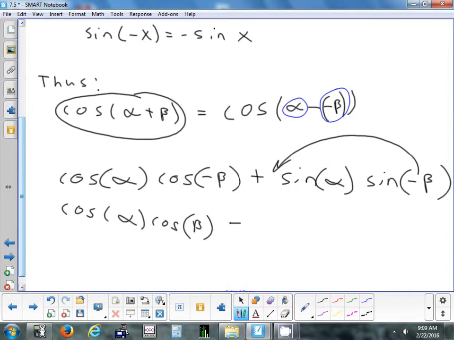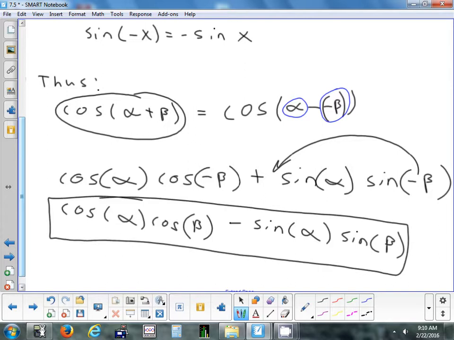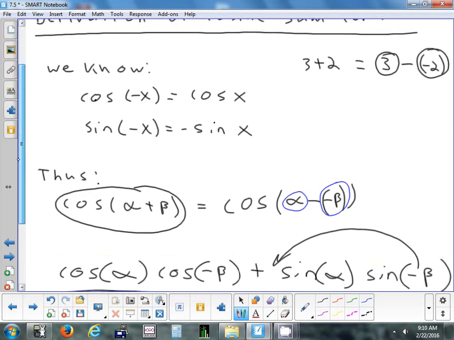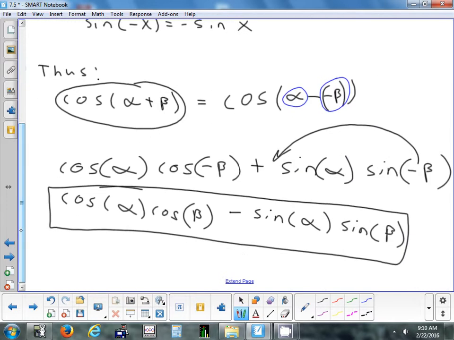Okay, so cosine, cosine, minus sine, sine. And that's your cosine sum formula. Okay, based off the cosine difference, which is based off a proof we didn't do.